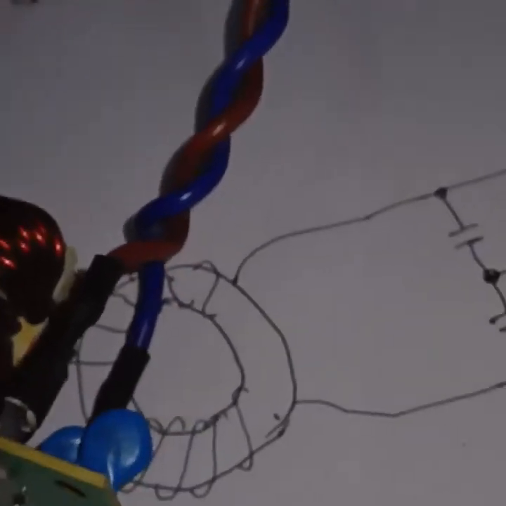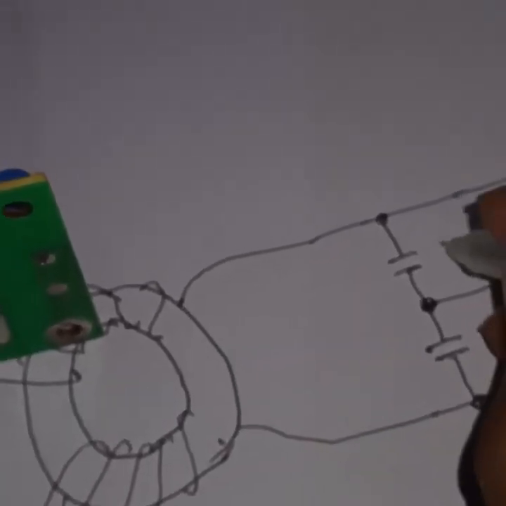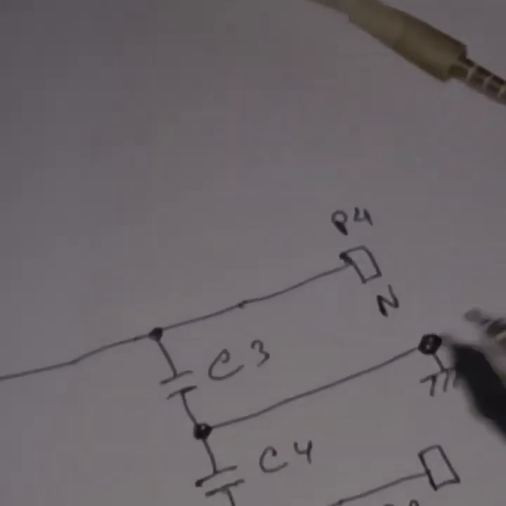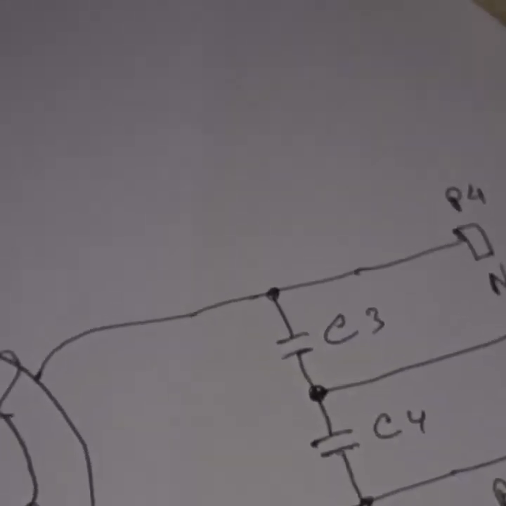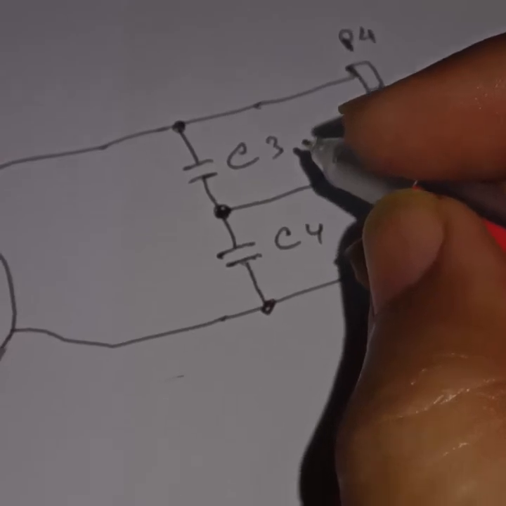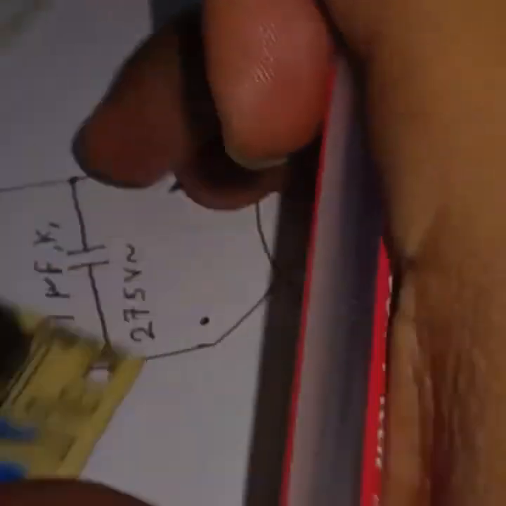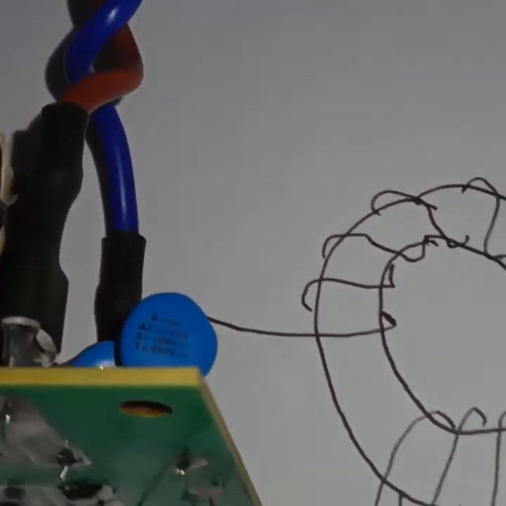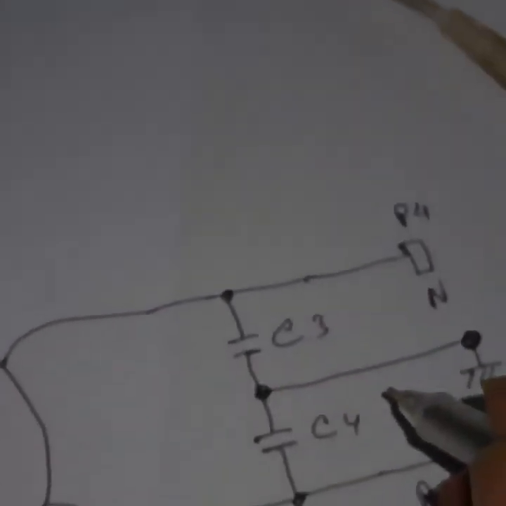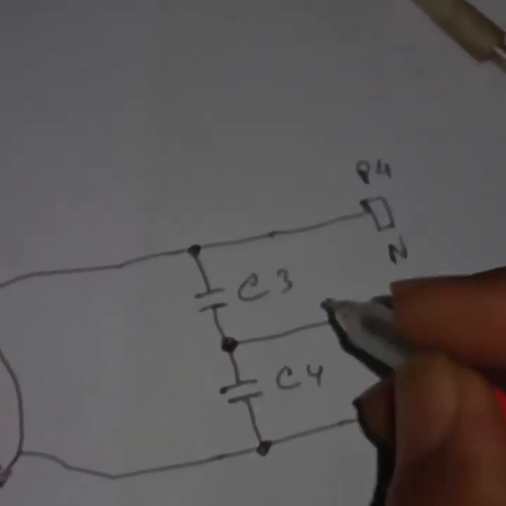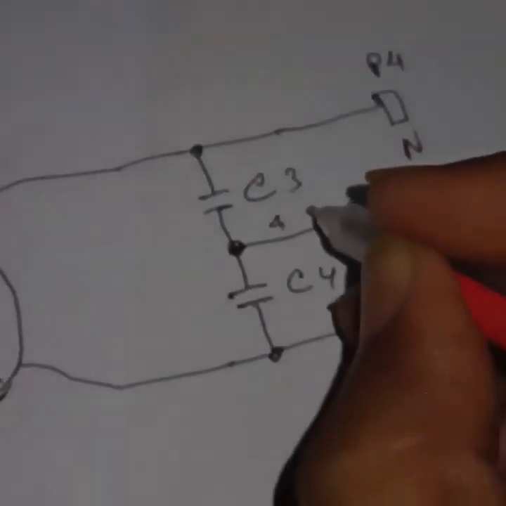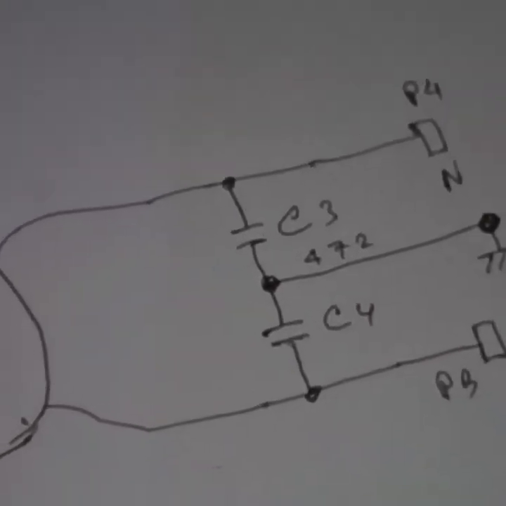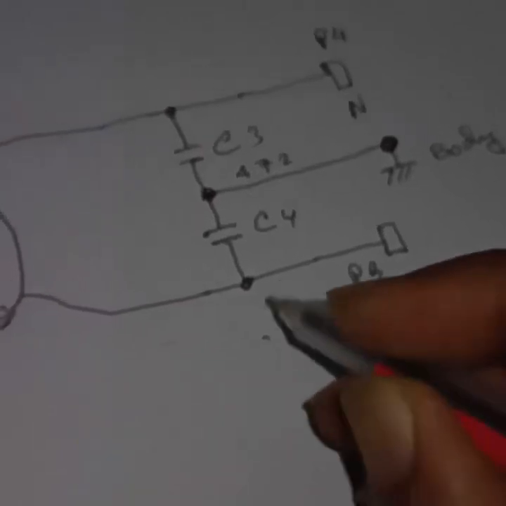Okay, this identification number is C4 and C3. C4, C3, and the value is 472.